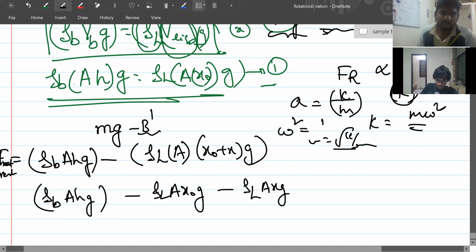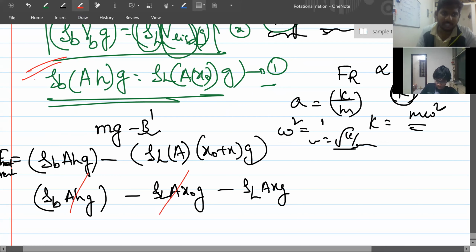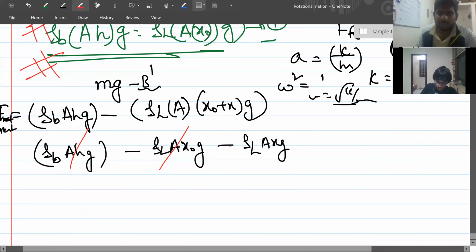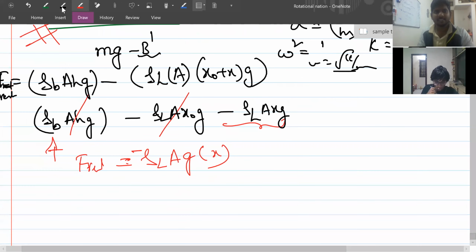You see here, this one gets cancelled from the previous equilibrium condition. So what is the extra force? That is the restoring force. Restoring force is rho L A into g into x, with a minus sign, because it is in the opposite direction to the displacement.